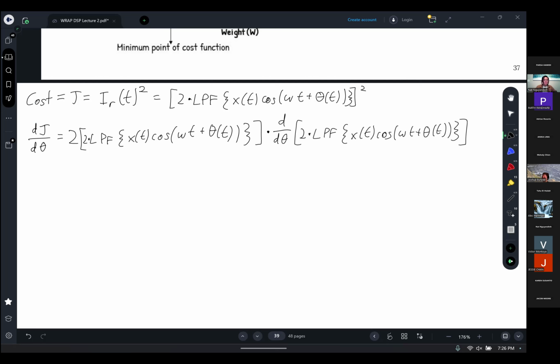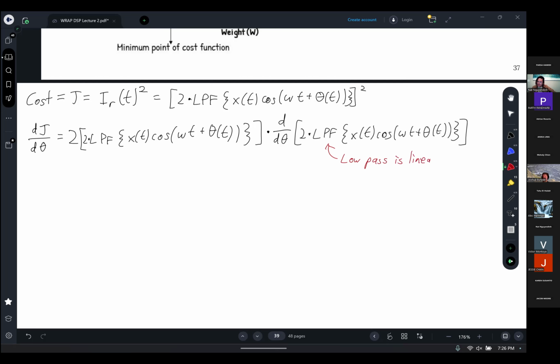This is something you may or may not know from your systems and signals classes, but the low pass filter function is a linear function.